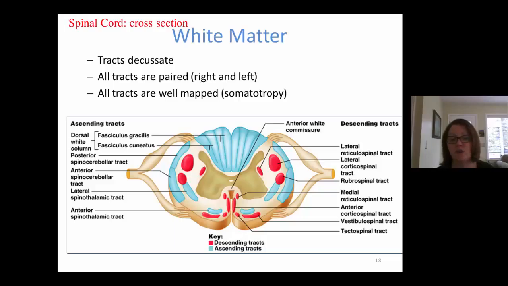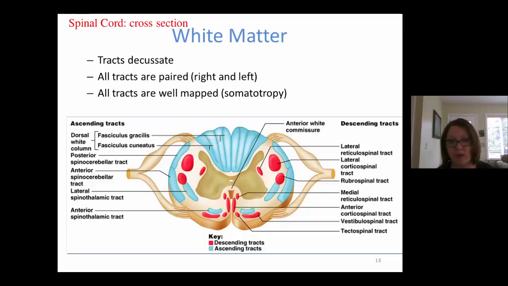Now in this picture here, we've highlighted some of the different tracts in the spinal cord. Now the spinal cord is very well mapped. We can predict with very high accuracy what would happen if you damaged an anterior horn at the level of L3 in your spinal cord.